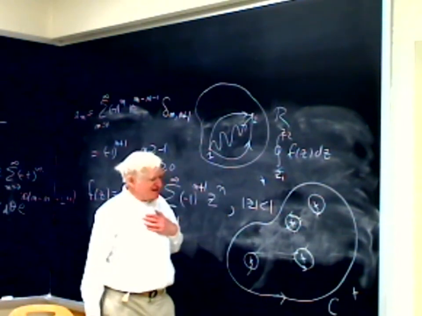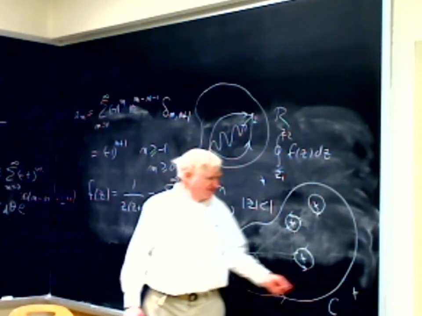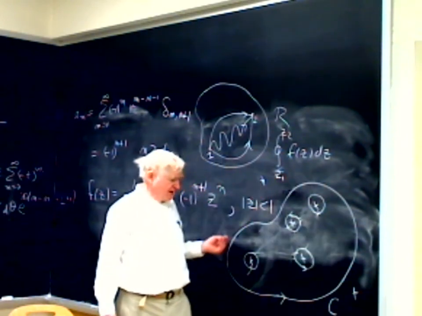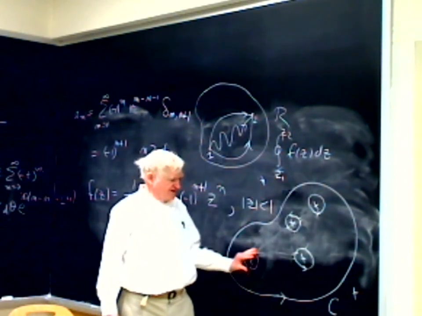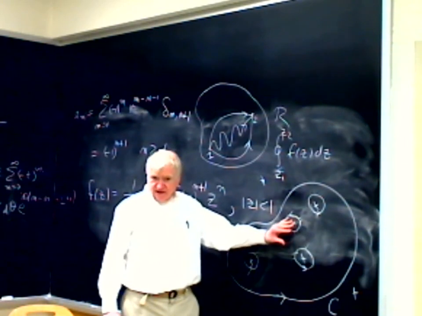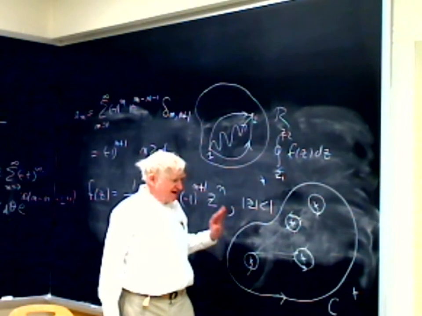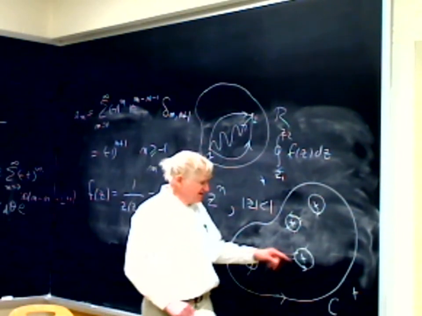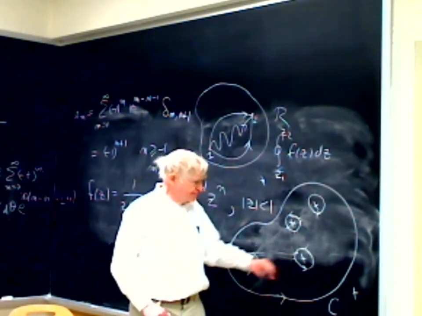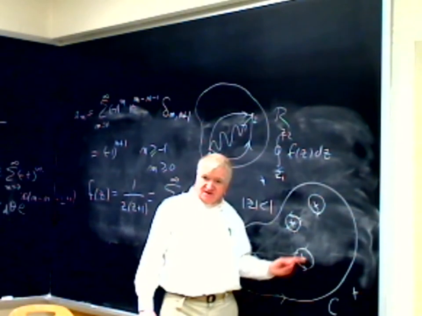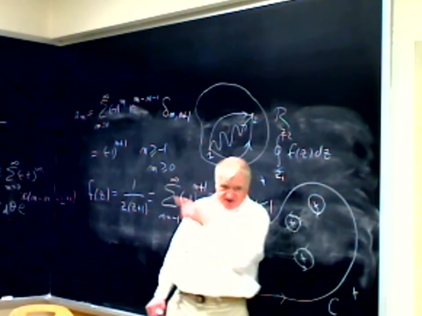So in other words, the lesson is that the integral of f of z dz around some isolated singularities in a function that's otherwise analytic is the same thing as the integral of f of z around the sum of the singularities, but those are just the residues.